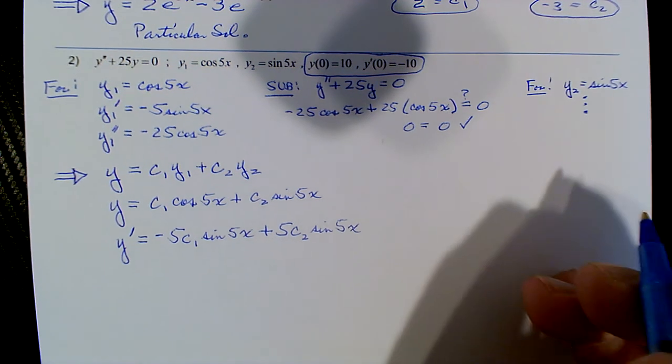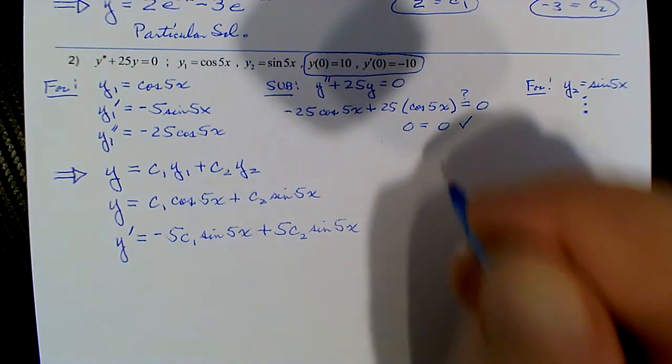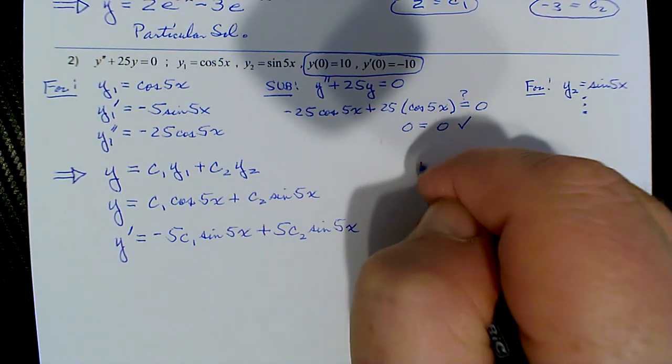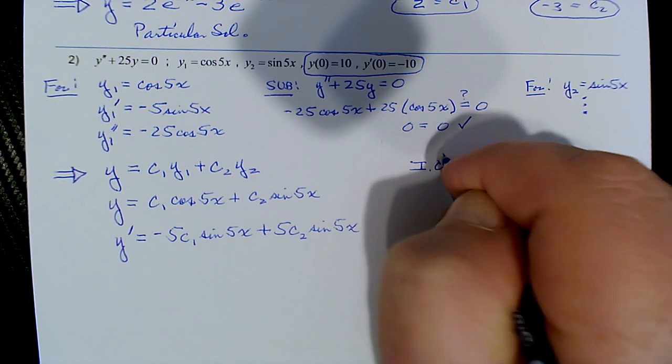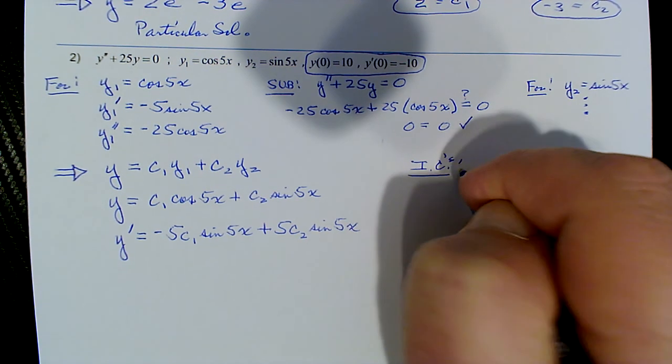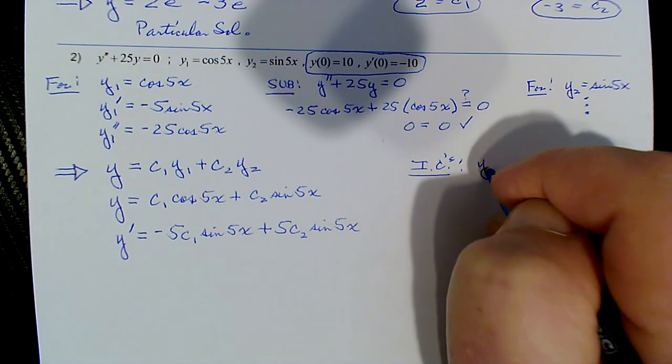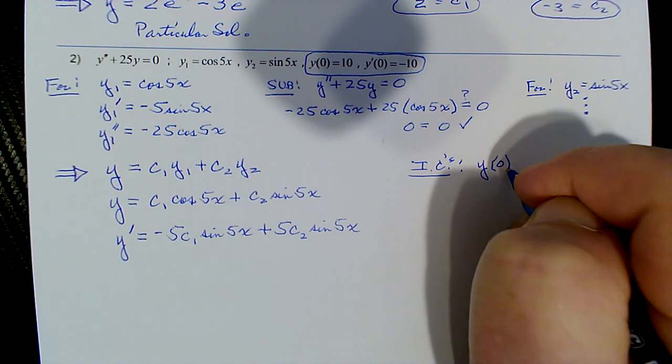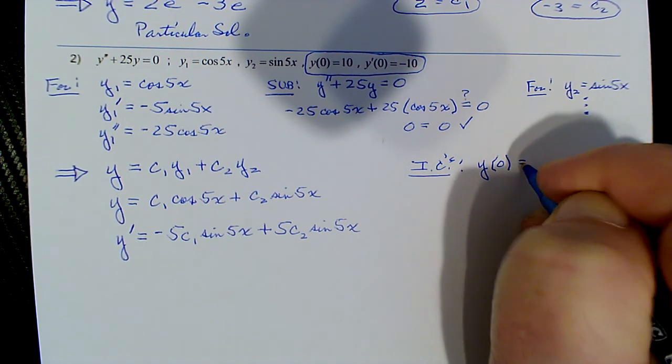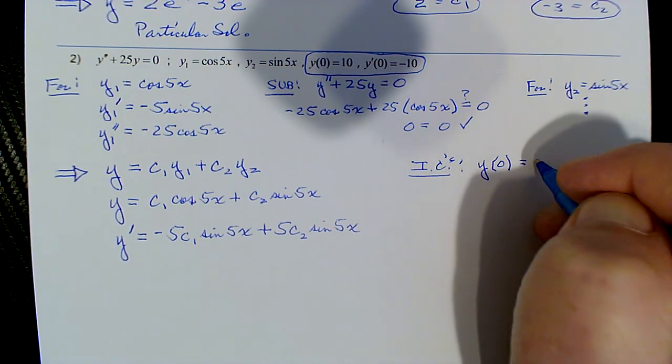And now we'll find the particular solution based on the initial conditions. So the first initial condition was y of 0 is 10. So let me make sure I copy that down correctly.